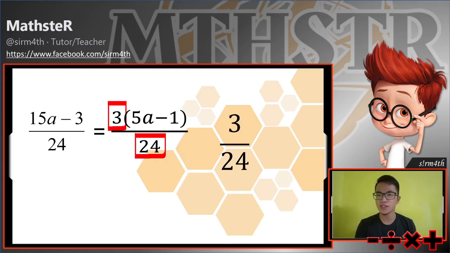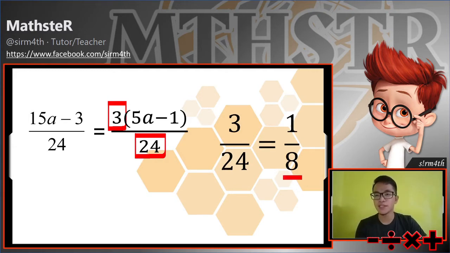So in simplifying a rational number, we need to look for the greatest common factor, wherein in the numerator we have 3, and in the denominator we have 3 also. If we divide 3 by 3, our answer will be 1. And if we divide 24 by 3, our answer will be 8. So therefore, 3 over 24 is equal to 1 over 8.